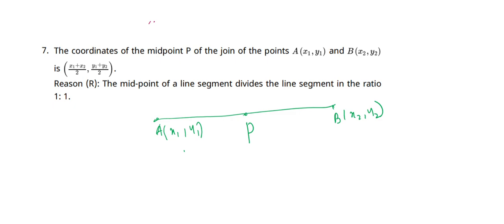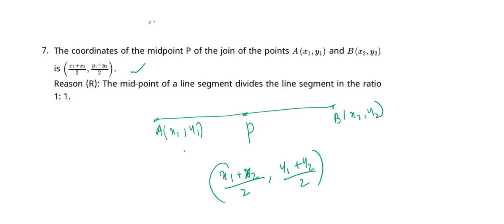So the coordinates of the midpoint, as we know, are ((x1 + x2)/2, (y1 + y2)/2). This is the abscissa of P and this is the ordinate of P, (y1 + y2)/2. So that is true. Okay, the statement is true.